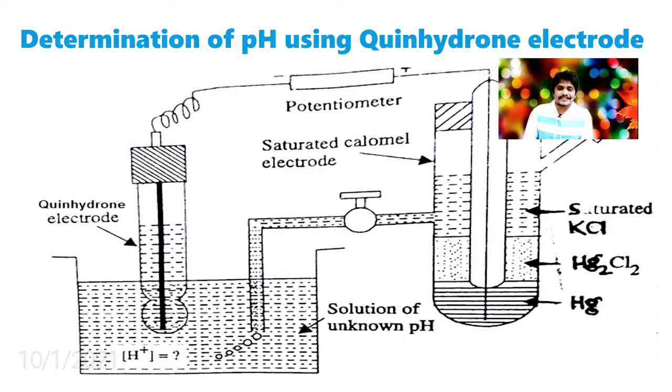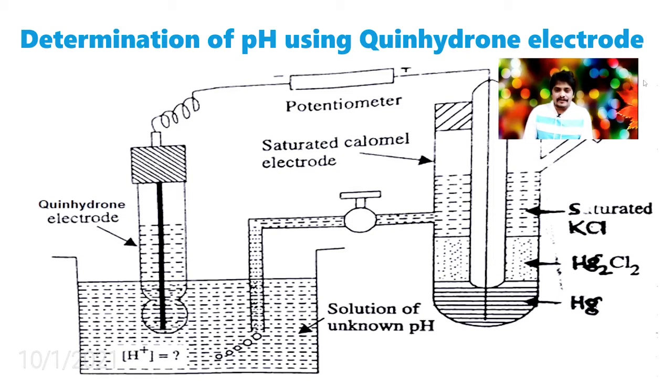So dear students, till now we have discussed the demonstration of determination of pH using the quinhydron electrode and the glass electrode. Now we are going to discuss the determination of pH using the quinhydron electrode and the glass electrode theoretically.